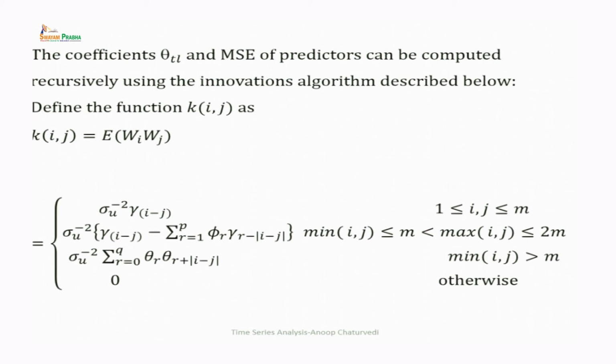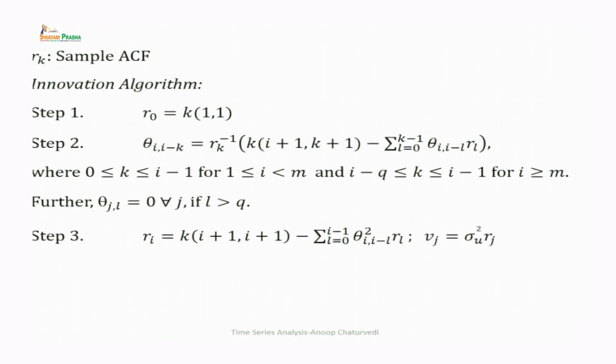And then, suppose R_k is the sample ACF, then the innovation algorithm is: initially you take R_0 equal to kappa(1,1).